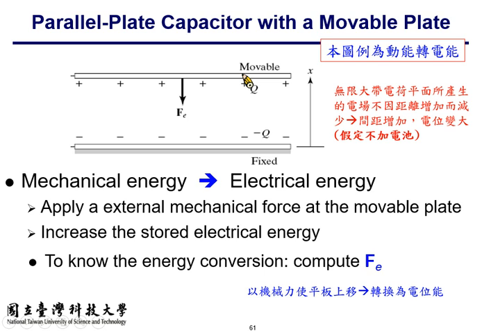However, the voltage, the electrical potential between the two plates, is increased. Why? Because V is the product of electrical field times L, or d, the distance between the two plates.